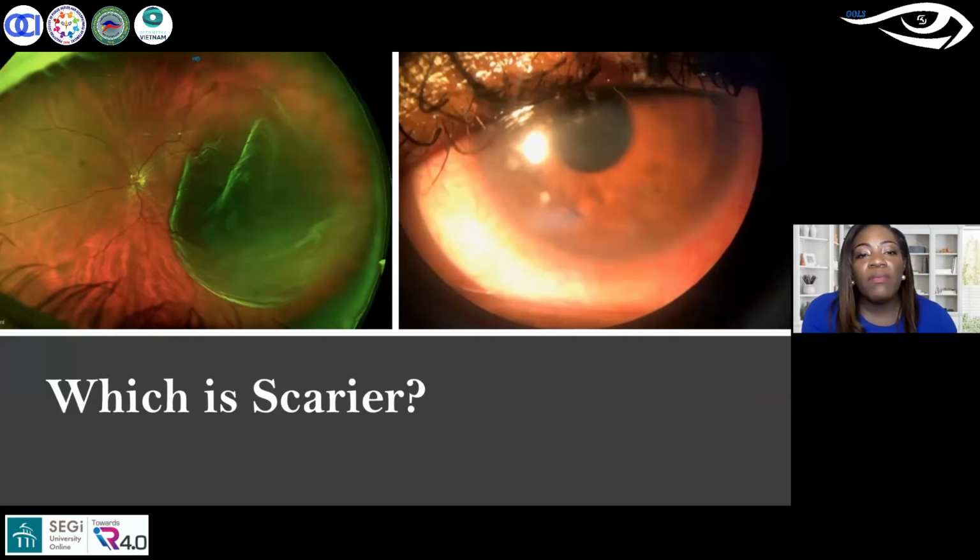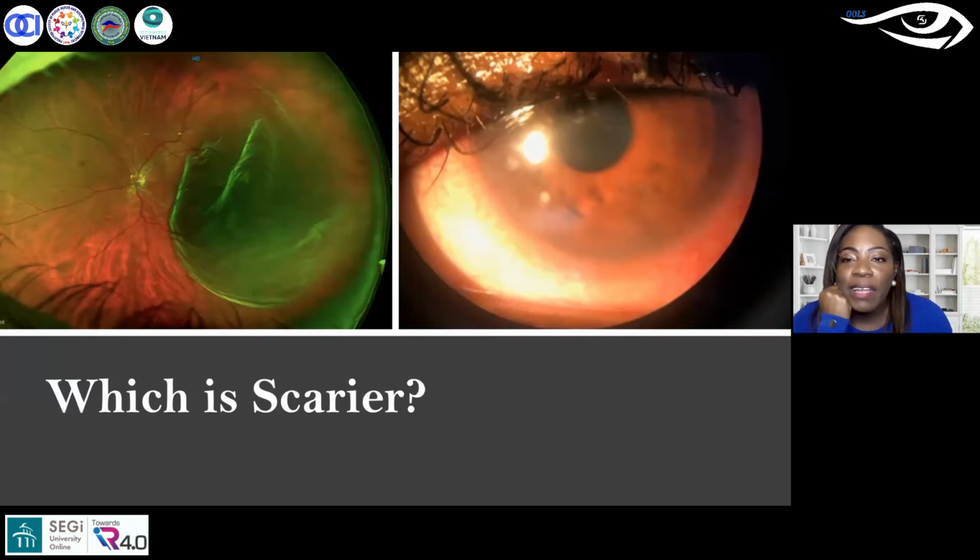And if you think about it this way, which do you think is scarier? And I love to see this in the chat. Do you think the image to the left is scarier, or the image to the right? Left. Yes, the left definitely scares me for sure.